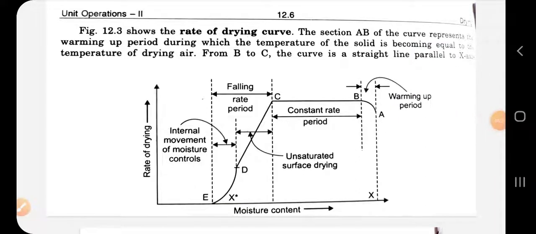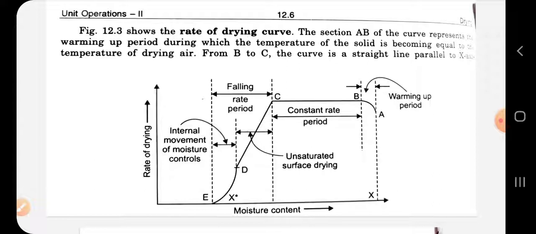Further, moving to the second section of the curve, from point B to point C. In this range we have constant rate of drying. We defined this term in our previous videos. As per our definition, the constant rate period of drying is that part of drying during which the rate of drying, when expressed as moisture evaporated per unit time per unit area of the drying surface, remains constant, which we can very clearly see in this graph.